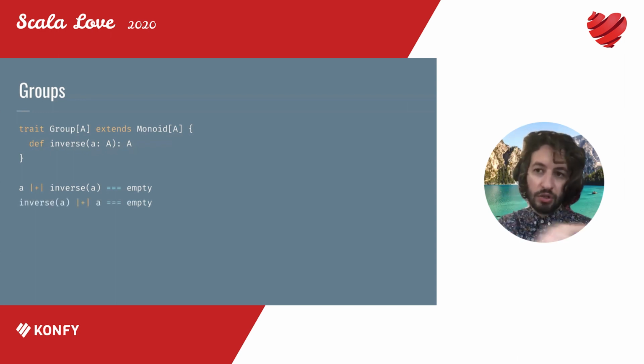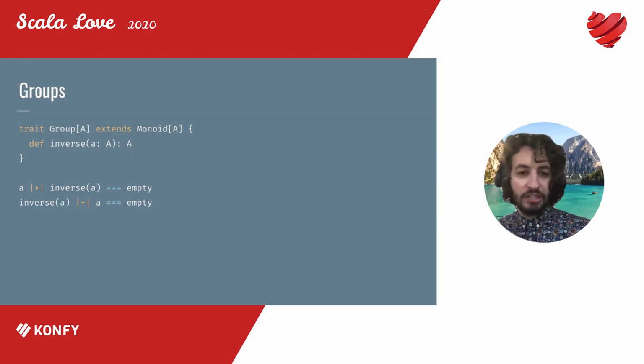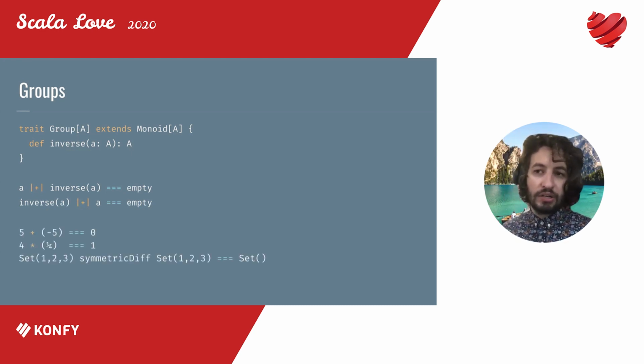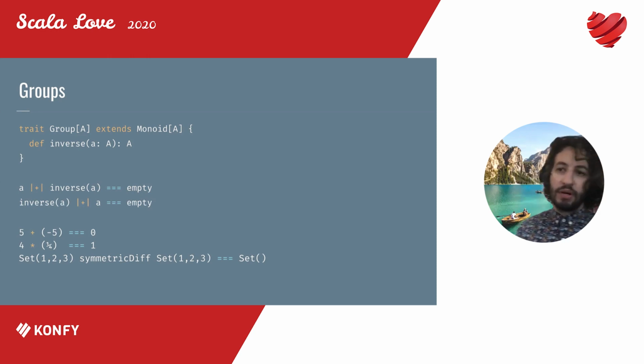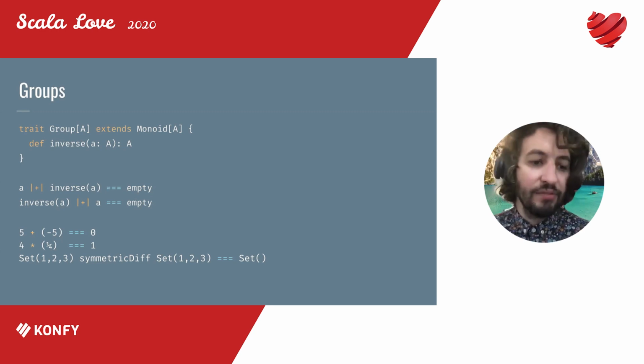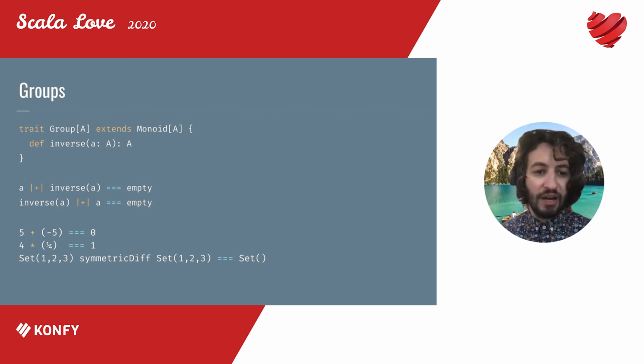And of course, this goes both ways. It doesn't matter if it's on the left or the right-hand side. And so there's something obviously with addition, where the inverse is just basically multiplying by -1. So 5 plus -5, right? So -5 is the inverse of 5.